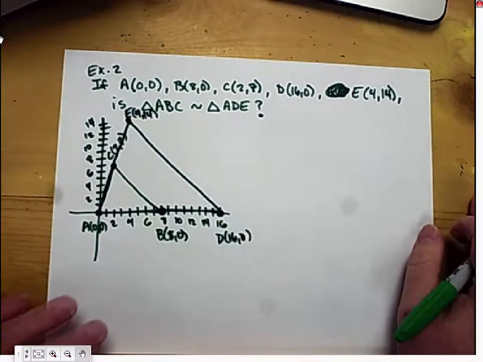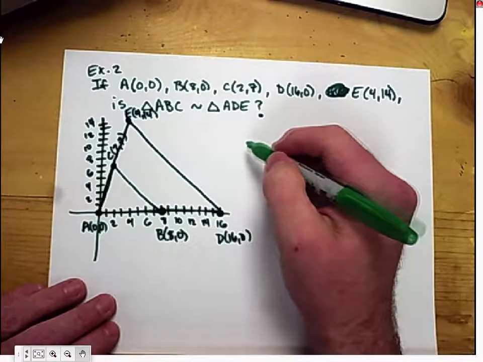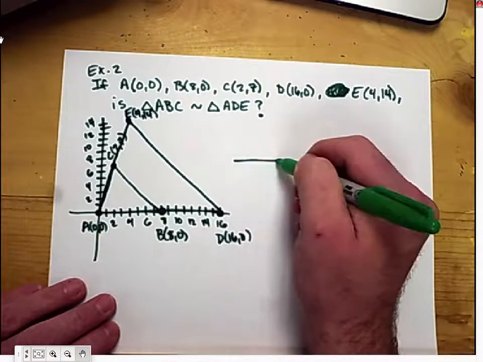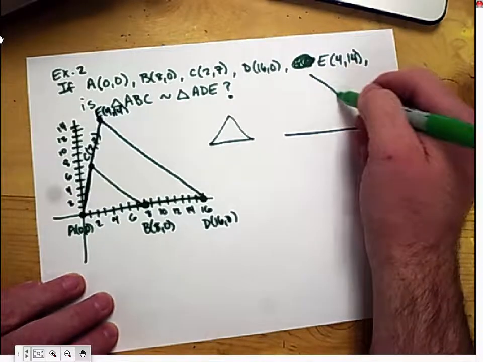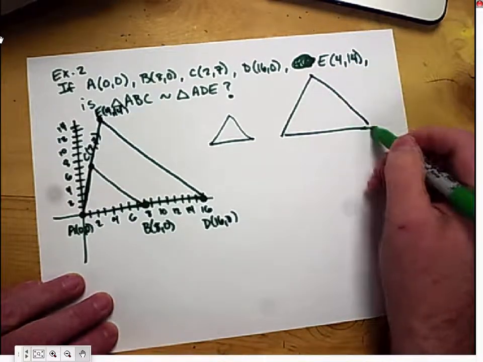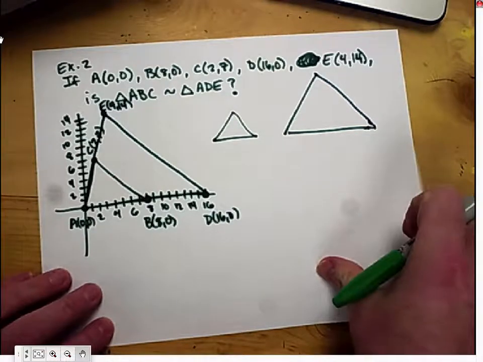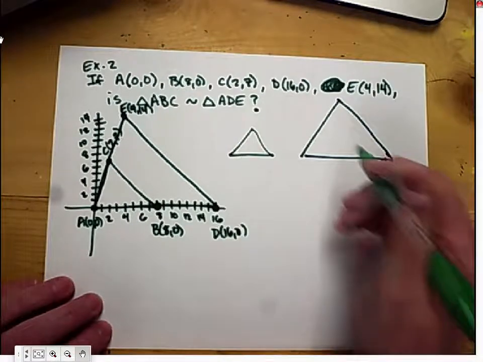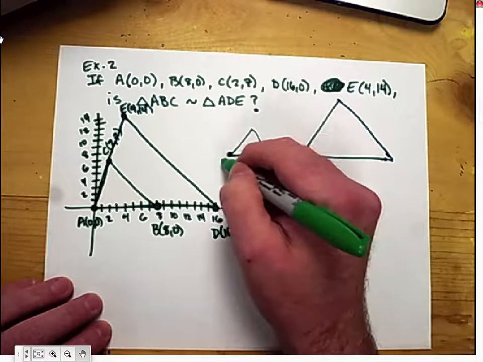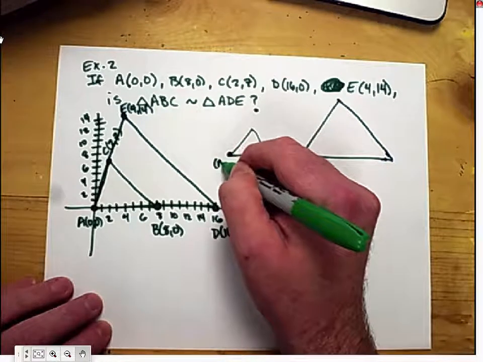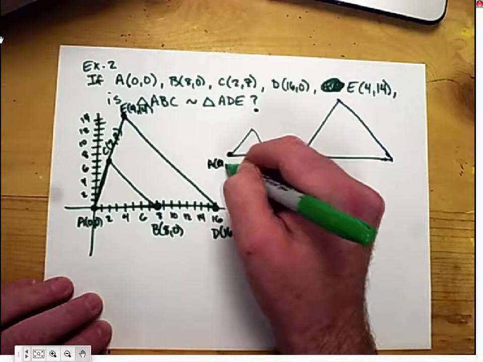Okay. So you see what you have here. You have A, B, C that looks like that, and you have A, D, E that looks like that, right? Okay. So this would be A is 0, 0.